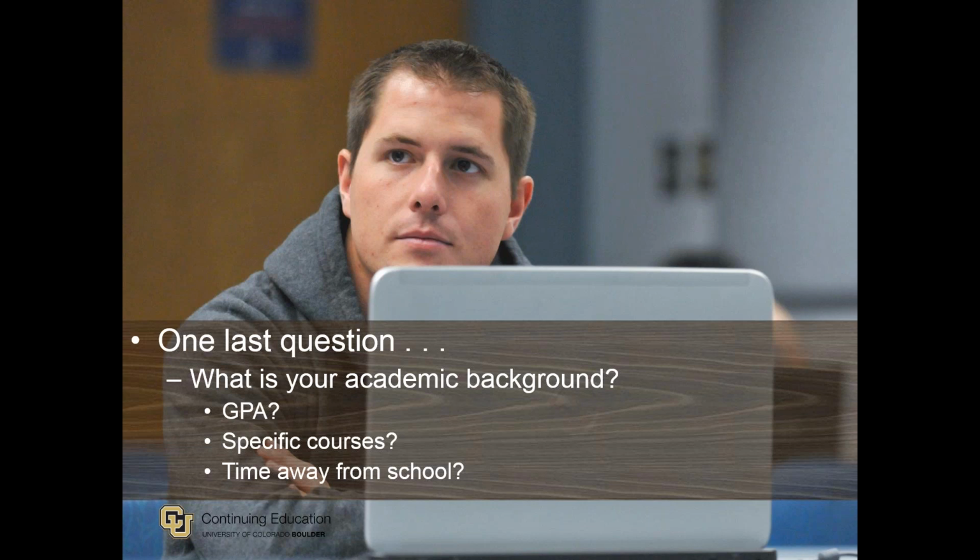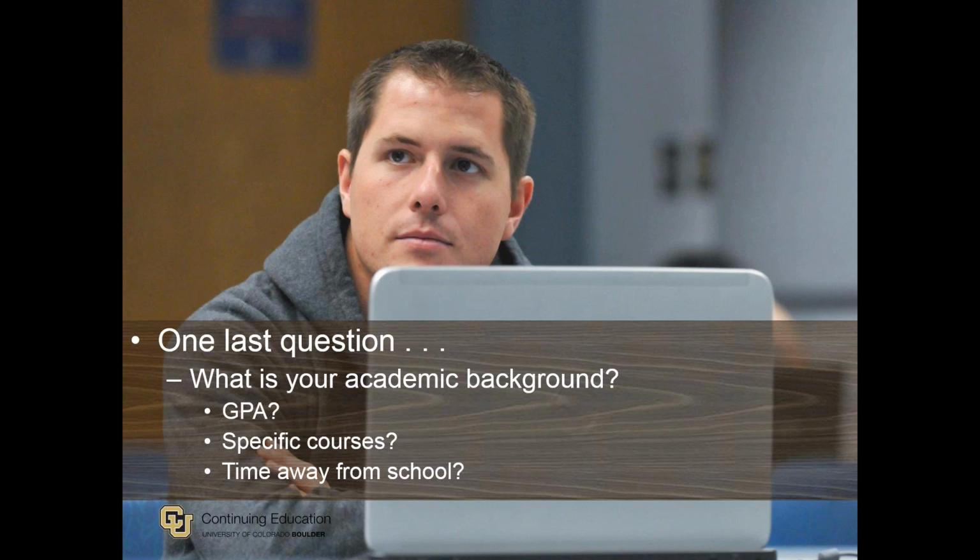Okay, and I think one last important question to ask yourself as you're considering taking some courses with us here at CU Boulder would be, what's your academic background like? What is your GPA from an undergraduate degree or from your previous academics?